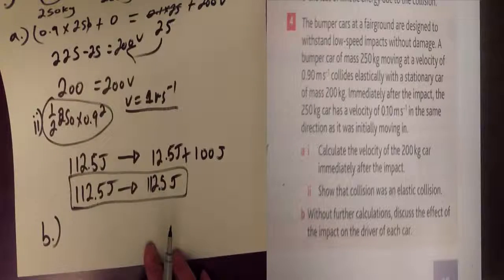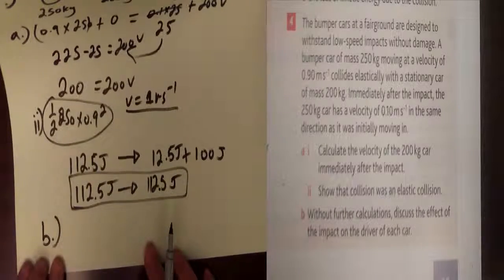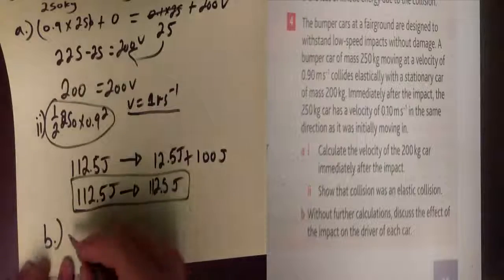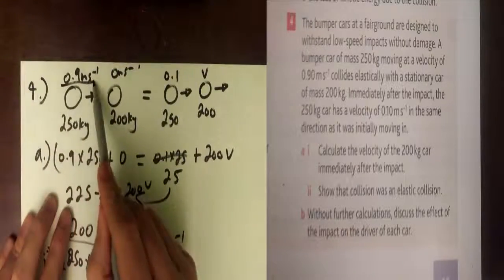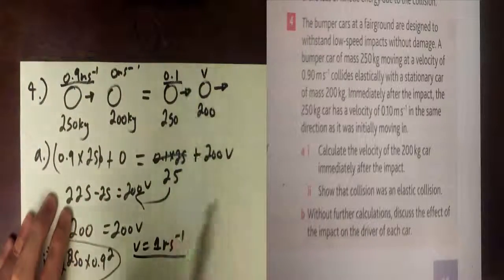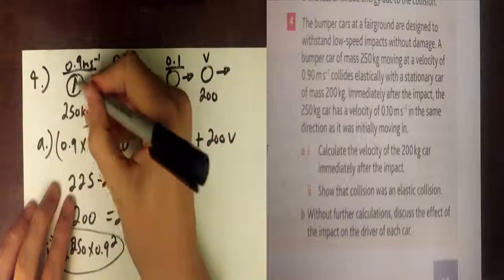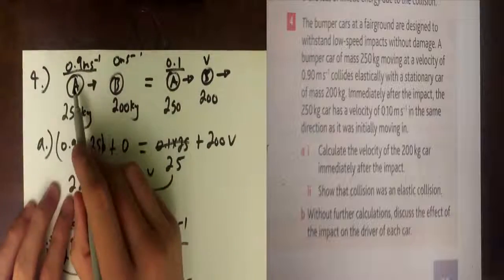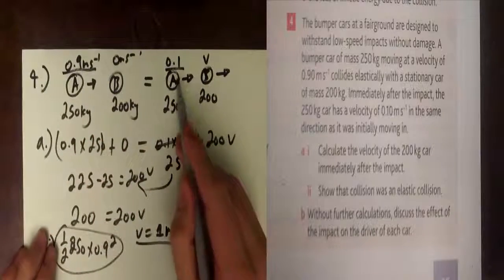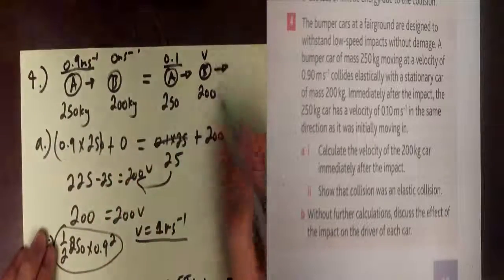Now, what we can say is the driver of the car going 0.9 meters per second, when he hits the next car, his velocity goes from 0.9 to 0.1. So, the driver of car, let's call it A and B, the driver of car A will slow down, and the driver of car B will speed up.